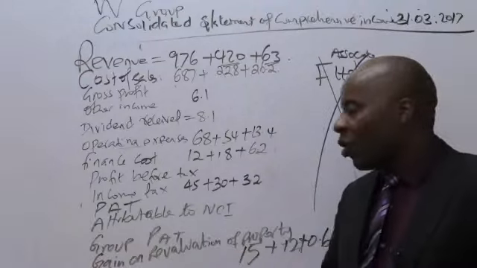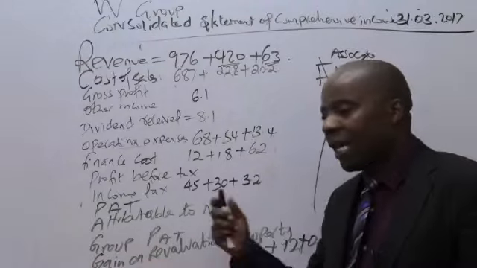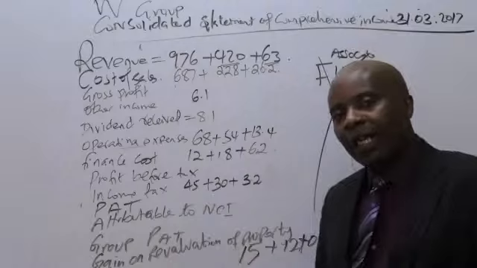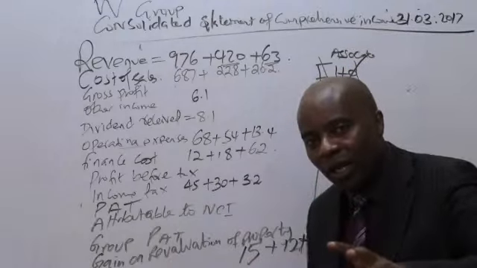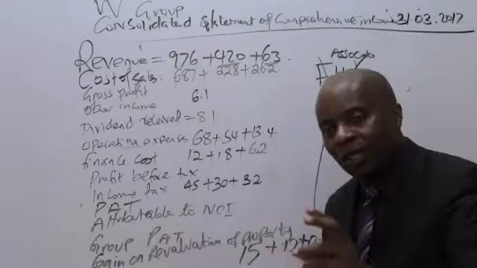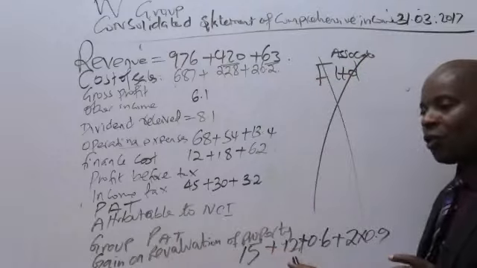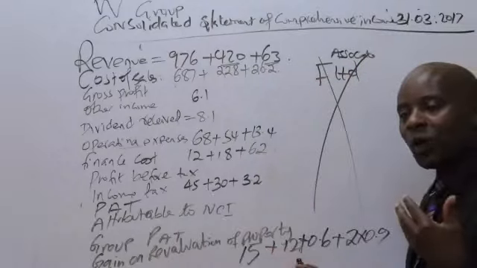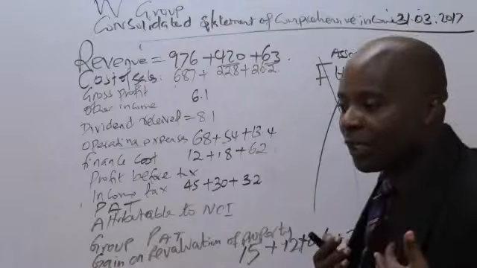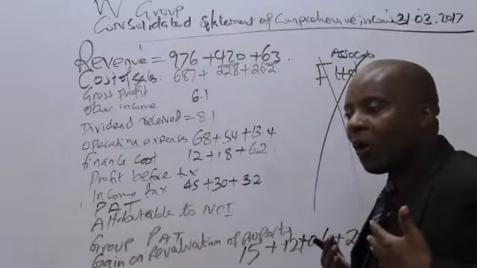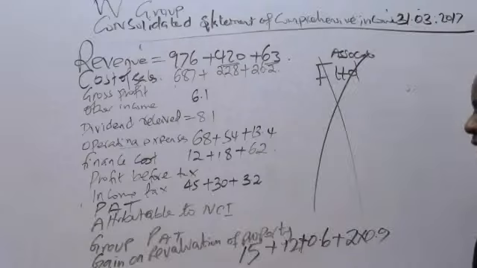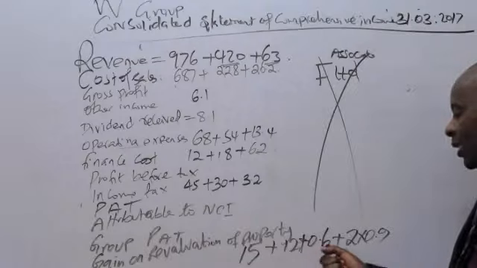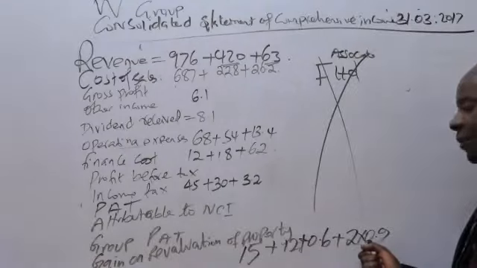Like now we have a revaluation gain. Take the parent figure the way it is; you don't apportion it at all. Plus the first subsidiary's figure, which is 12. But for the subsidiary, we only recognize our percentage of other comprehensive incomes. So plus 12 times 60%, plus 2 times 90%.